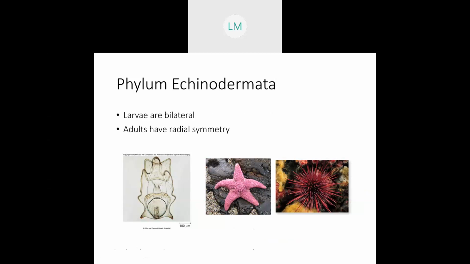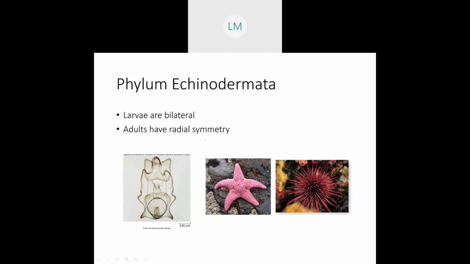When you look at a sea star, you might be a little confused as to why we're classifying it as a bilaterally symmetrical organism, but that's because the larvae are bilateral. So this is what the larva looks like here. This is very much bilaterally symmetrical, right? We could put a plane of symmetry down the middle of this figure here, and it has a right side and a left side.